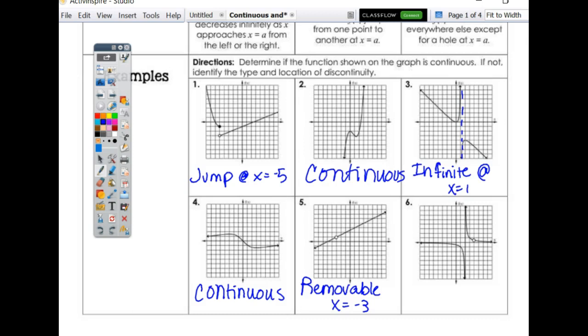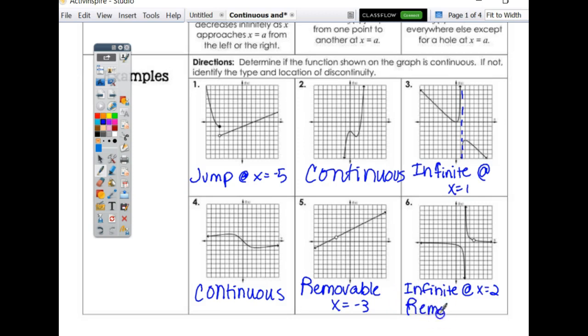So how many asymptotes on number 6? 2. But which one do we want? Which causes the discontinuity? The vertical, and so it's at which point? 2. So this is going to be either infinite or asymptotic. It's the same thing. What about the hole?